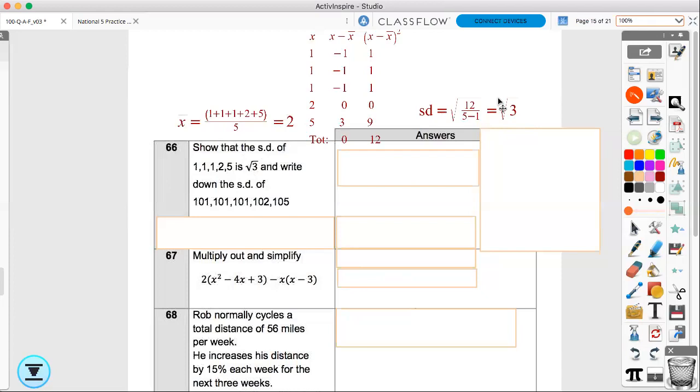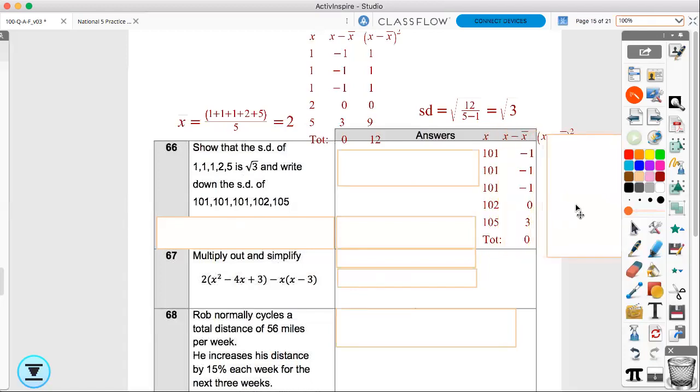Okay. Now they've asked us to write down the standard deviation for 101, 101, etc. So you could go and do all this just the same way. But what you'll notice is you have 100 plus the 12, the 10 values here.